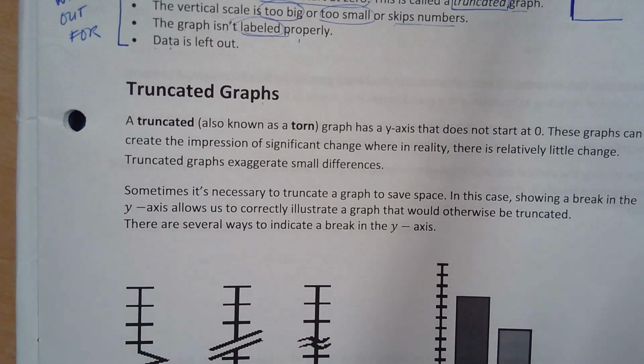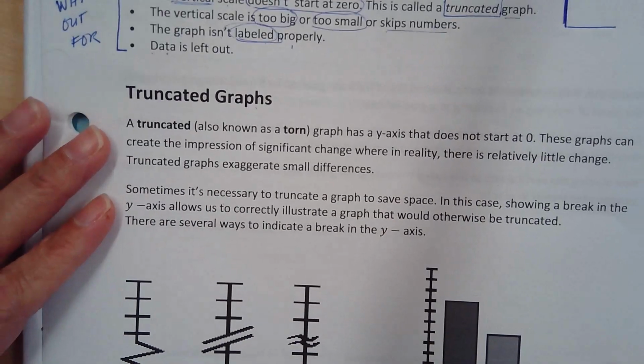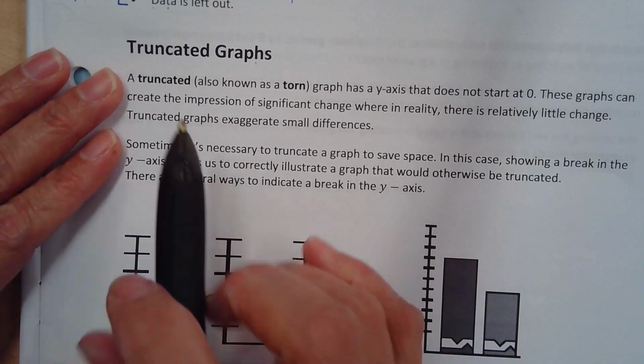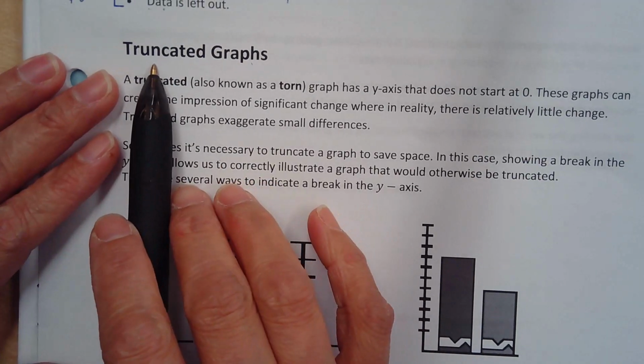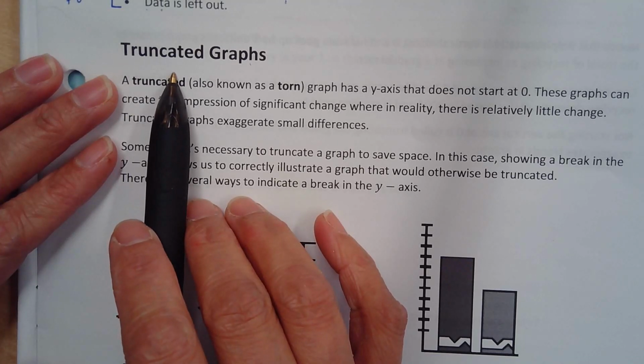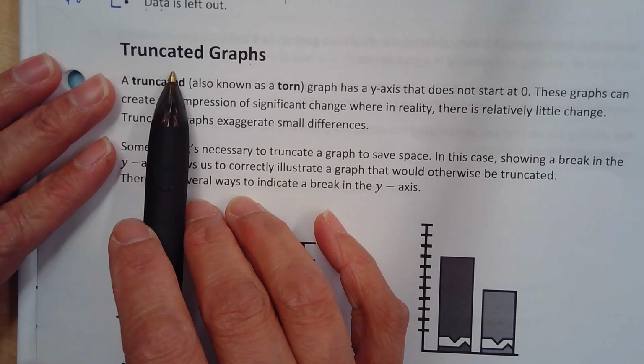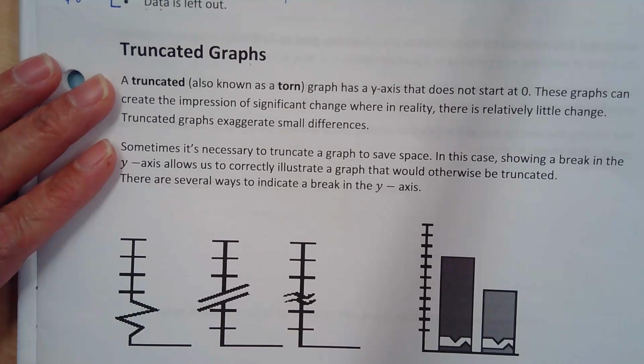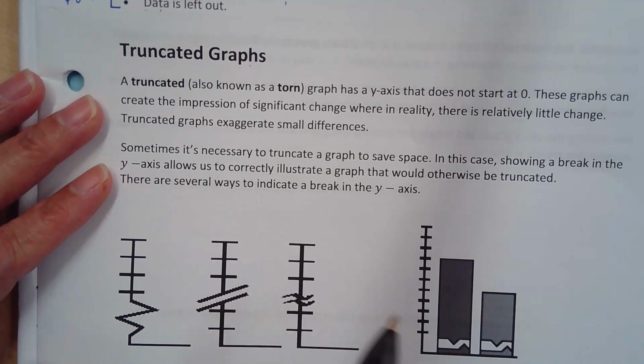Okay? So the very first one that we're going to talk about is called truncated. Okay, what does truncated mean again? It means that it doesn't start at 0. So it's kind of cut off.